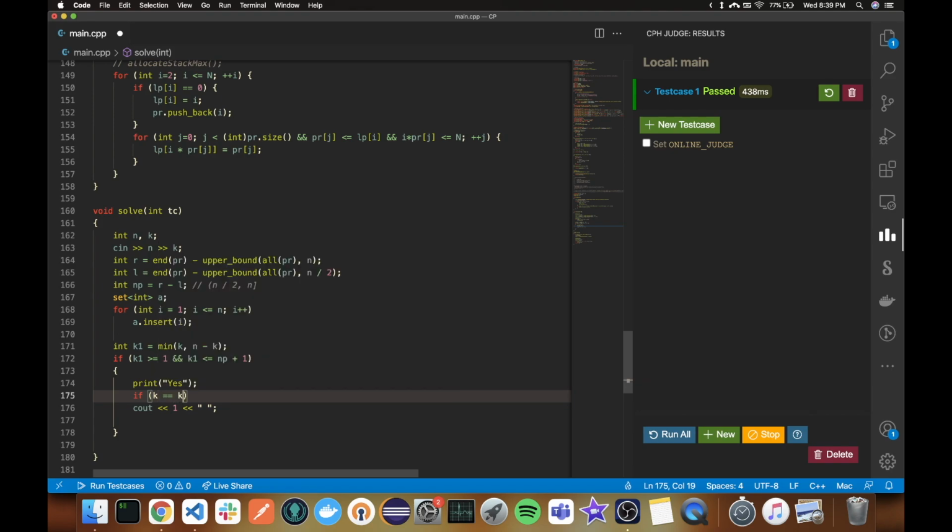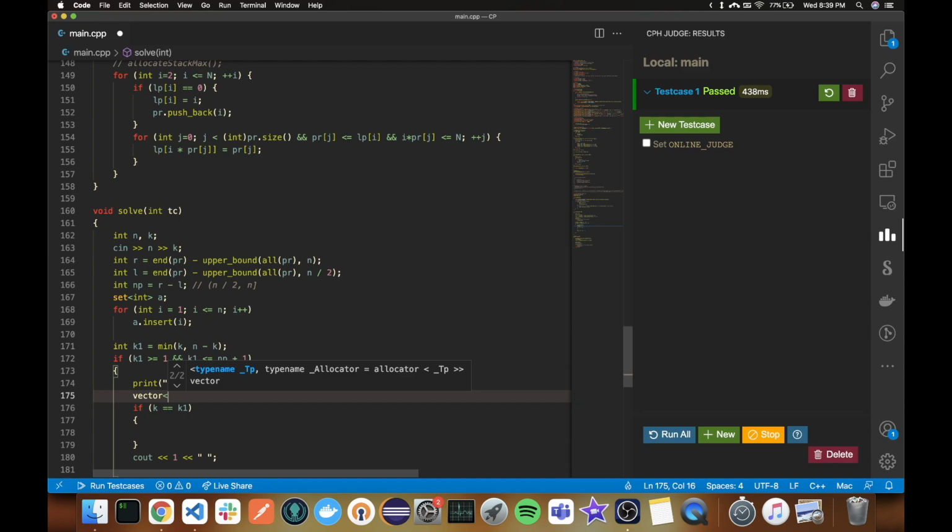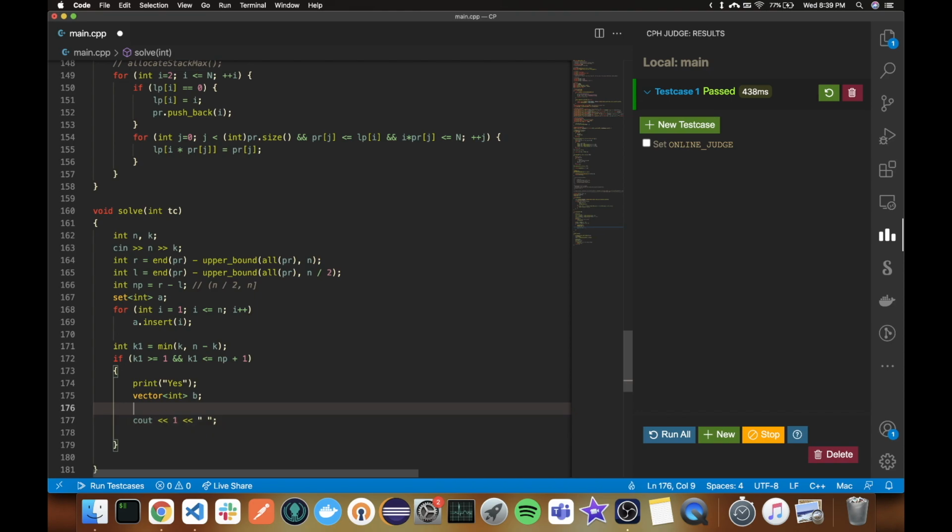If k is equal to k1, then I can just, okay, I'm going to store another set or a vector of integer p. Okay, and what I can do is b dot pushback 1, a dot erase 1, k1 minus minus.